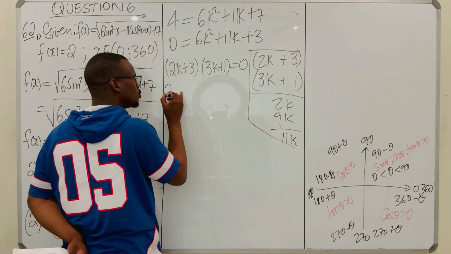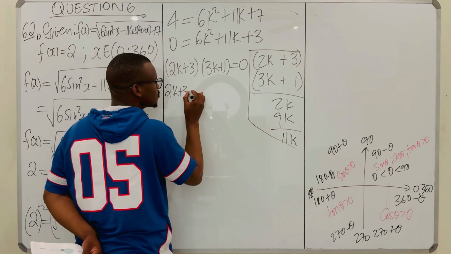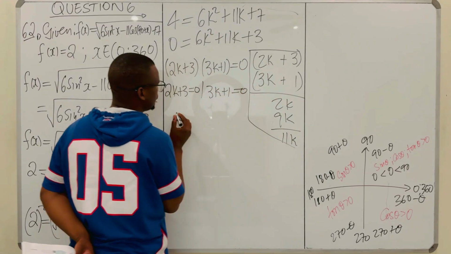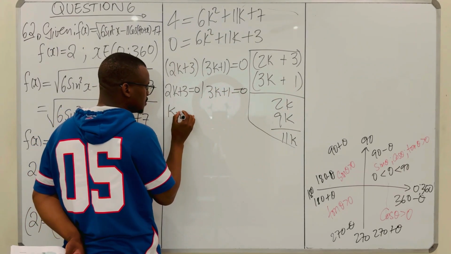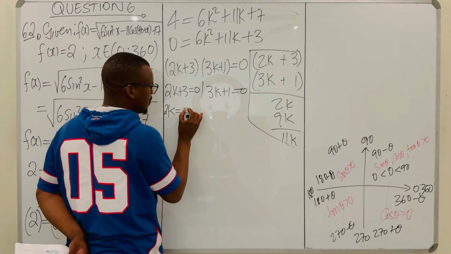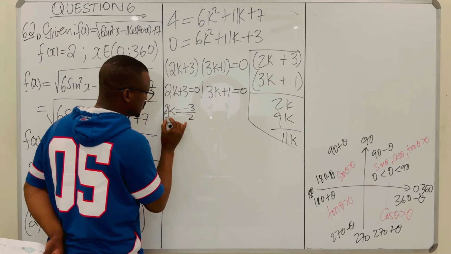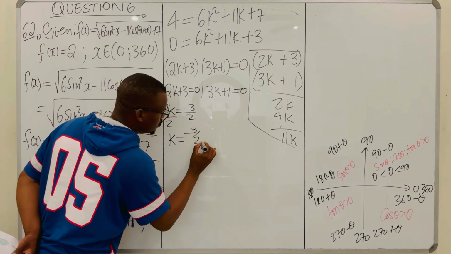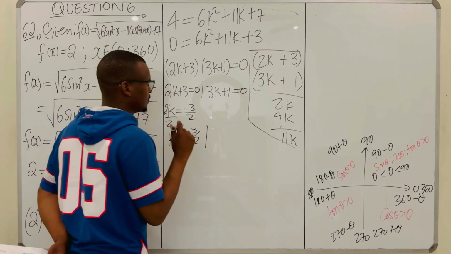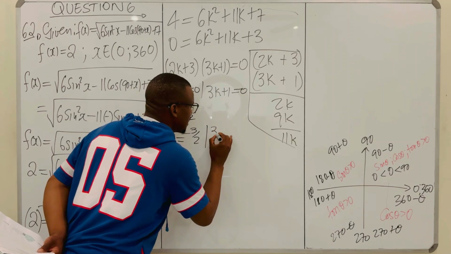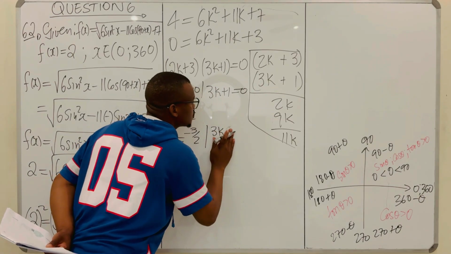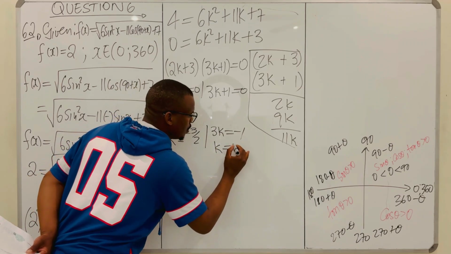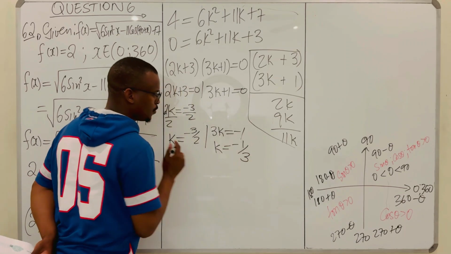In that case, your 2k plus 3 is equal to 0, or your 3k plus 1 is equal to 0. So 2k is equal to minus 3, and your k is equal to minus 3 over 2, or 3k is equal to minus 1, so your k is equal to minus 1 over 3 if you divide by 3 on both sides.